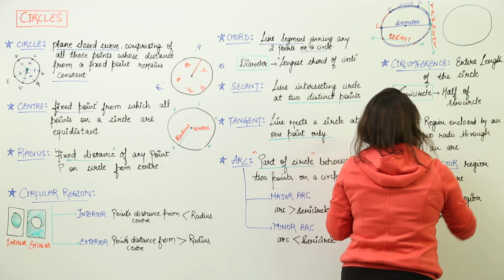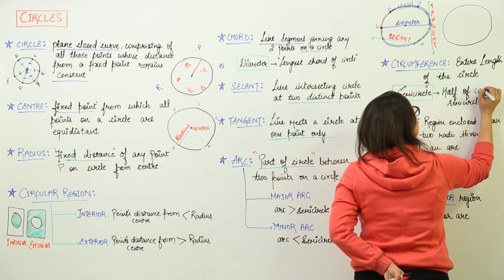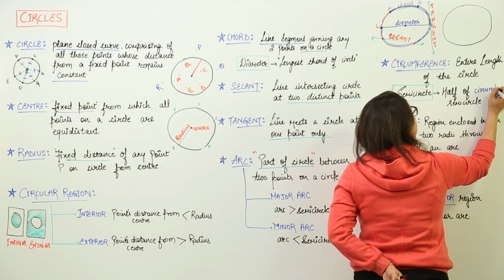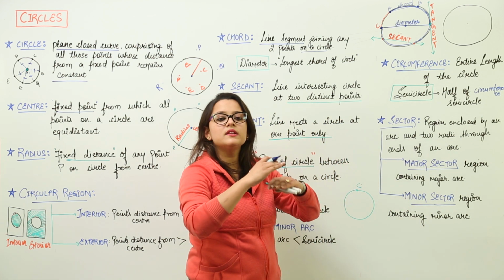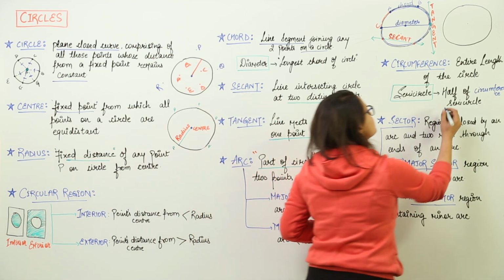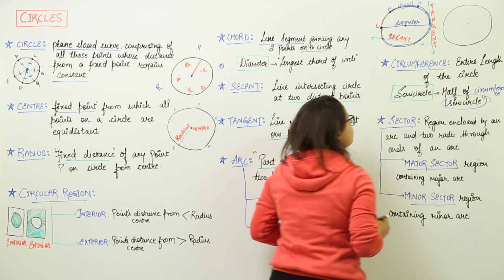Here you can write clearly that it is going to be the half of circumference, because as I discussed with you, semicircle is going to be half of circumference. If you divide the length into two parts, half of the circumference is going to give you the semicircle.